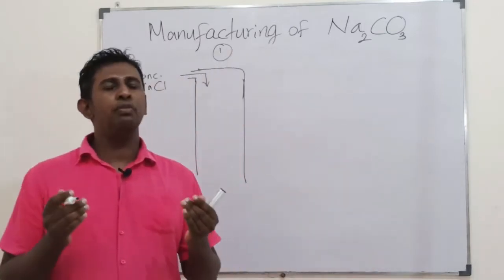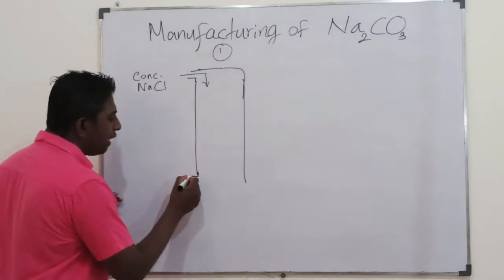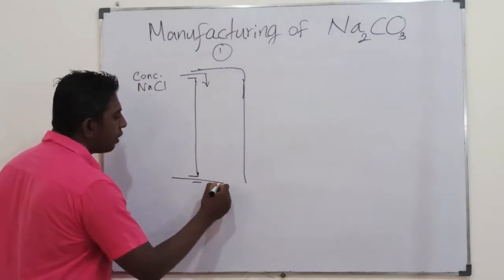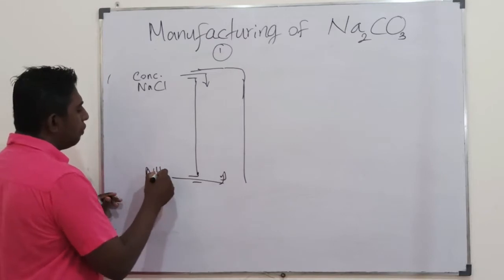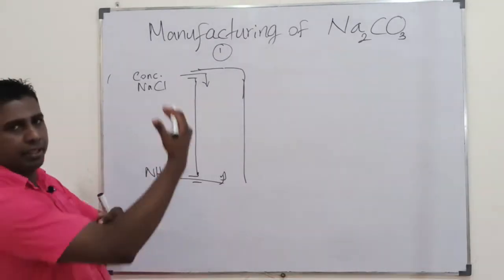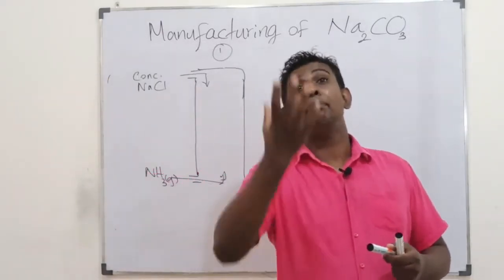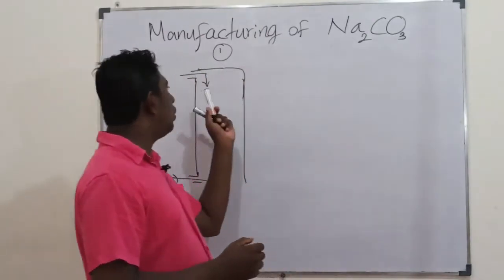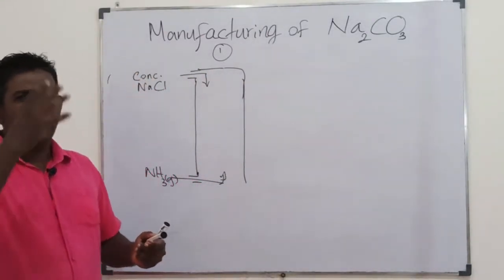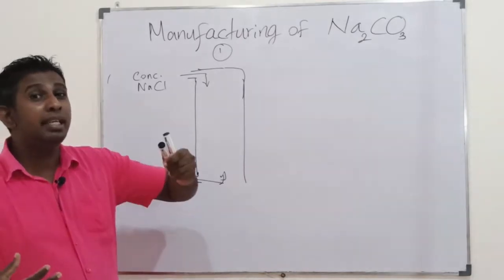So to ammonify, you need ammonia. You need to feed ammonia at the bottom. If you pass ammonia gas from the bottom side, it's a gas, therefore it goes up. Then this is a solution, it's heavy, it falls down. Then we let them meet each other.